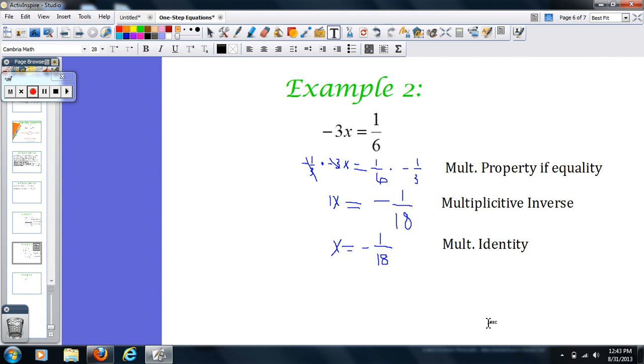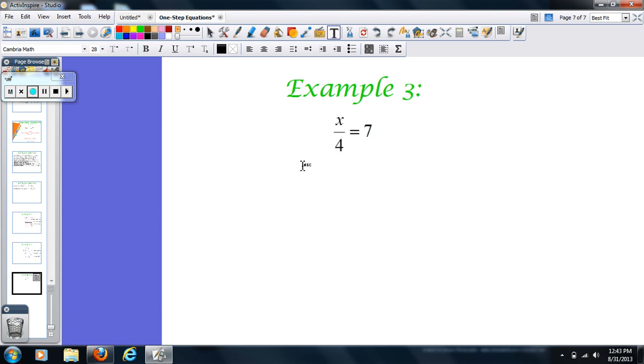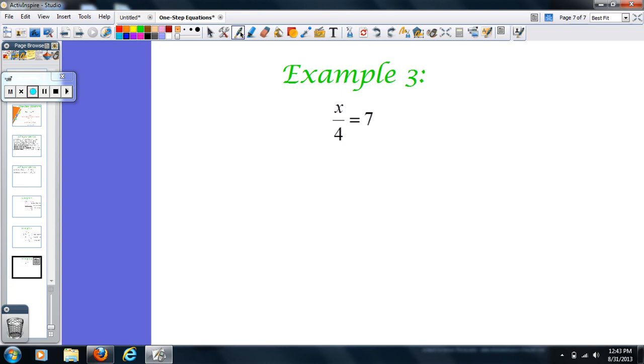Okay? And I'm expecting when you guys are solving, I want to see your reasoning behind each step. Okay, and this is going to be the last one. So for this one, that's our given. And now we're going to take x over 4 and we're going to multiply by 4 to both sides.